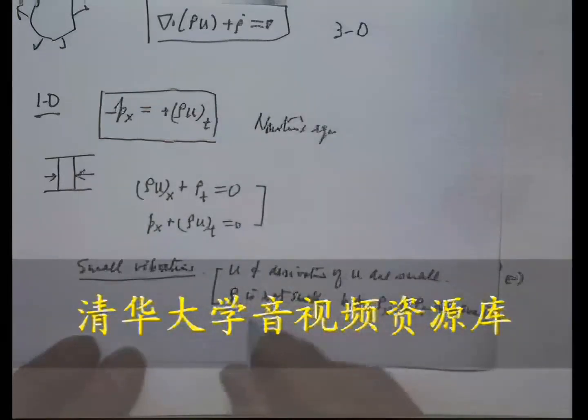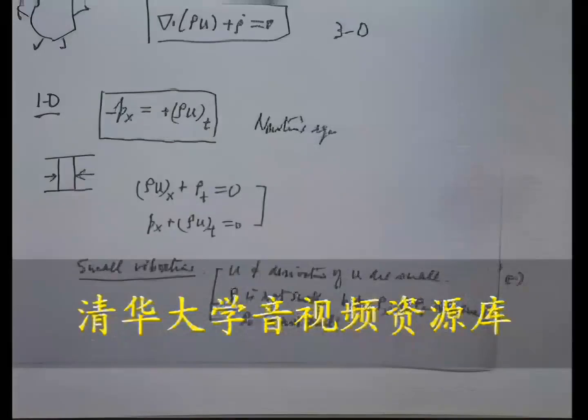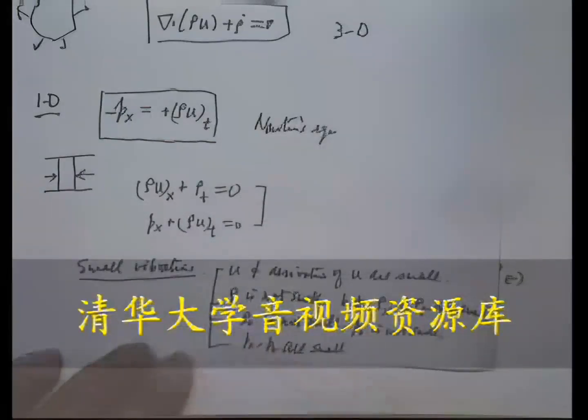The original density I call rho zero. It's not small. The pressure also originally has a P0, which is not small, but P_x and P_t are small. Does everybody understand what I'm saying? It's actually very obvious.